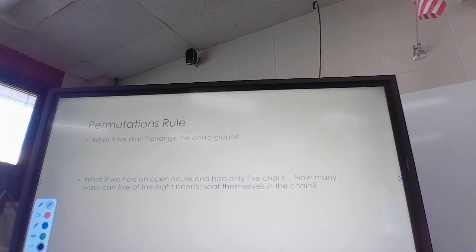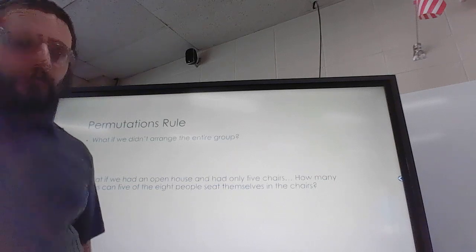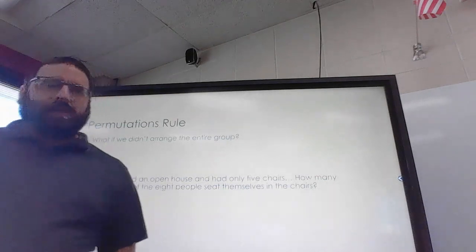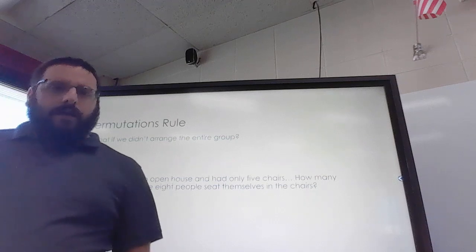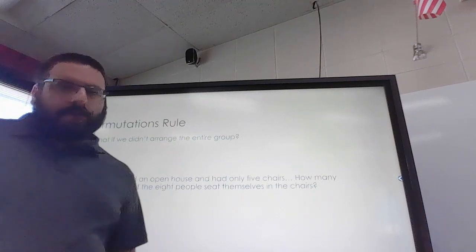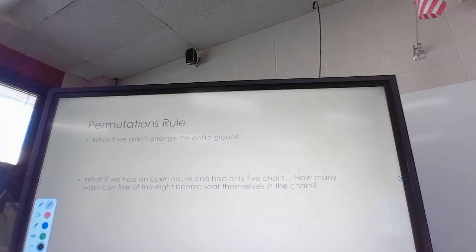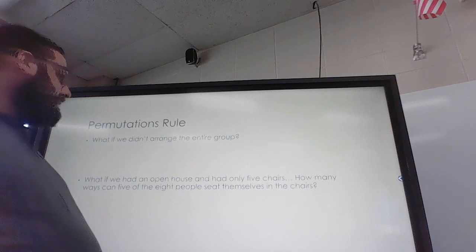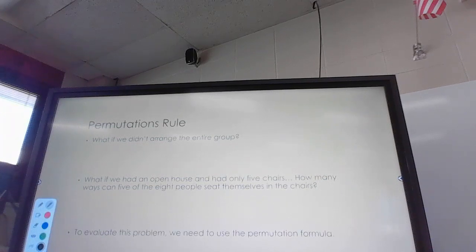How many different ways can we arrange 5 of those 8 people? So again, as I mentioned earlier, not every arrangement of items is equal to the number of items being arranged. We need specific applications of the factorial called permutations and combinations. For this particular example, we're arranging 8 people 5 at a time, right?